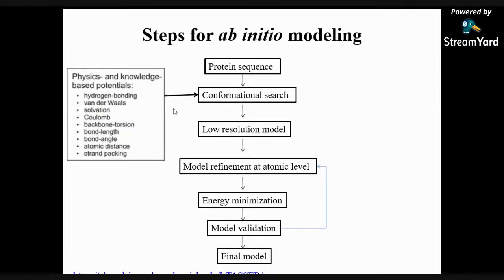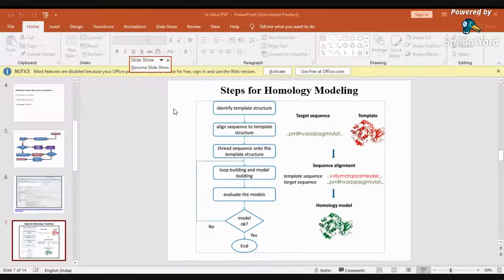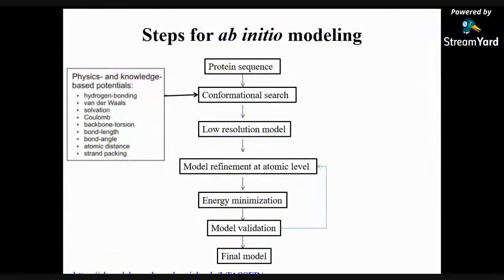For this reason, ab initio protein structure prediction takes more time than homology modeling, because the more conformations you generate in the conformational search for your structure prediction, the more accurate the protein model you will get at the end of the structure prediction.